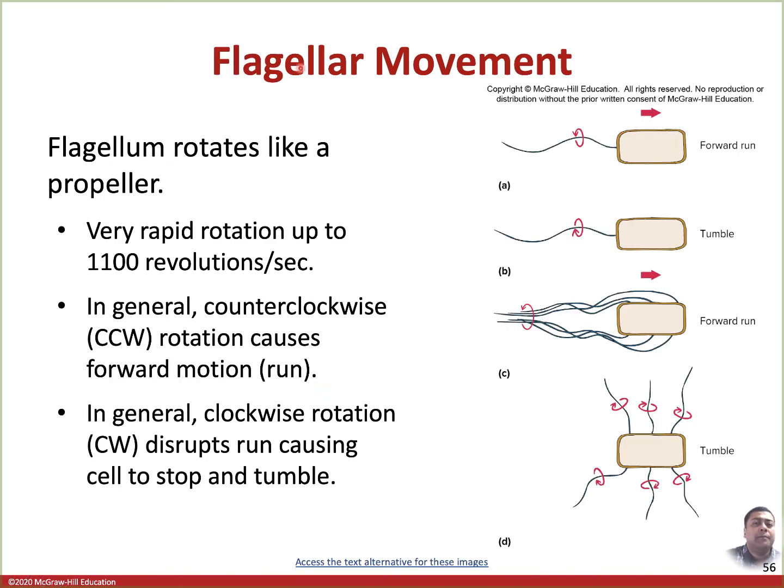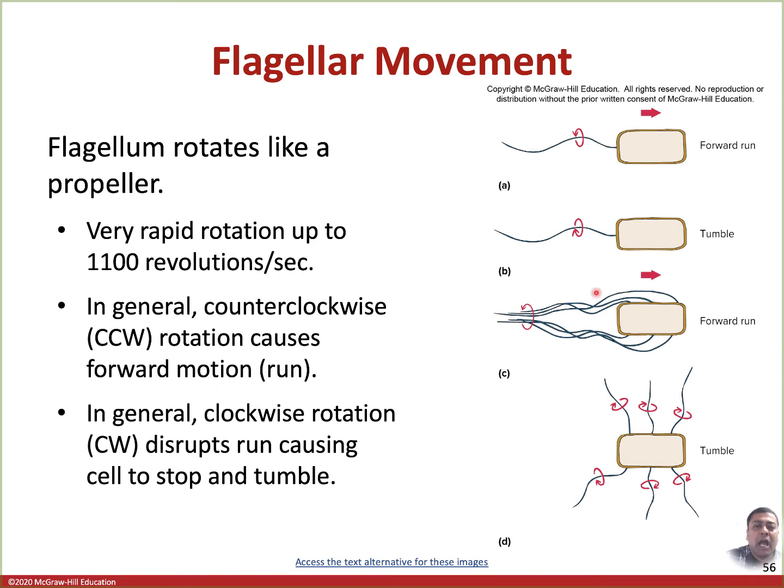So the motility, the flagellar movement, swarming, spirochete motility, we are going to talk about a couple of these things. When you are looking at the flagellar movement, it rotates like a propeller, with a very rapid rotation of up to 1100 revolutions per second. Think about that. This is generated only by the movement of protons from the periplasmic space back into the cell, and proton motive force does that.